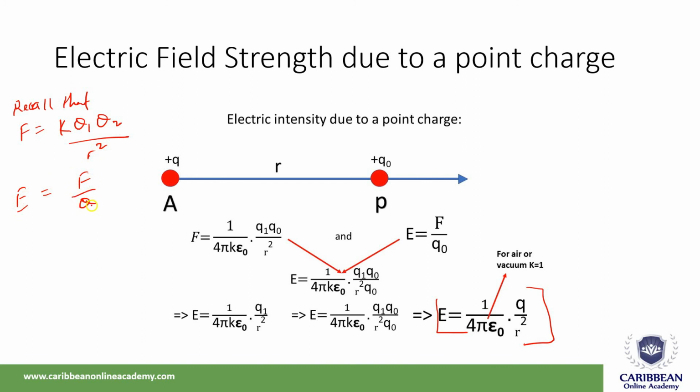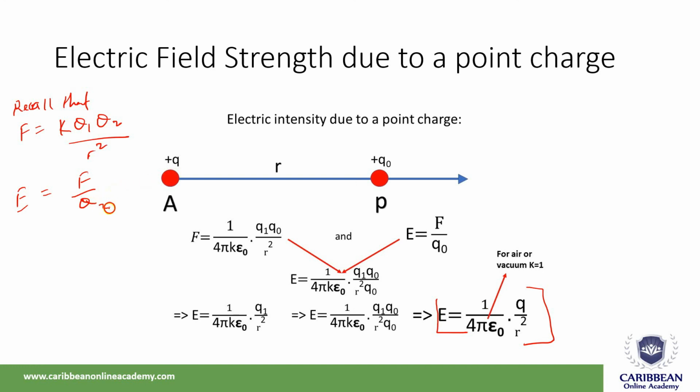Let's imagine that we want to find the electric field exerted on charge Q2.